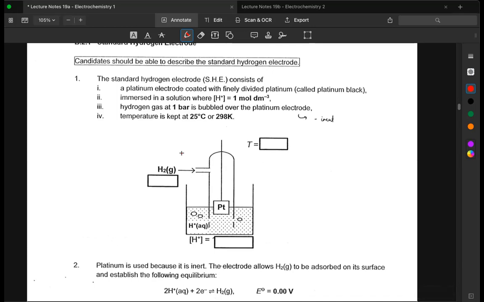So the standard hydrogen electrode is known as the SHE. This is not the Taiwanese girl band, SHE. A lot of students in the past. During my time when I was learning this in JC, I only learned this in JC 2001, a year where you have the 911. During that time, this girl band was super popular.